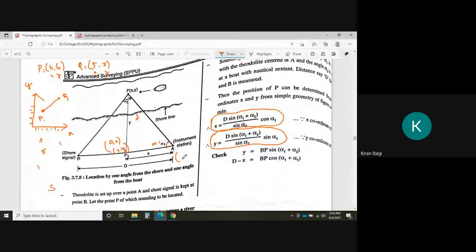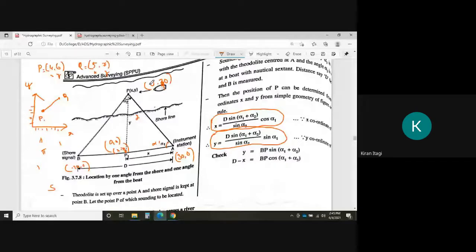So here X and Y we require 0, 0. Here you get X as 30 meters, 0. This will be minus 30, 0. This will be 0, 30 or 40, like this, to determine the coordinates.